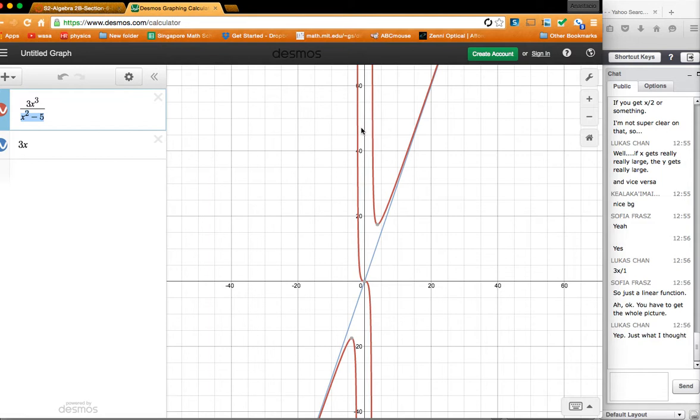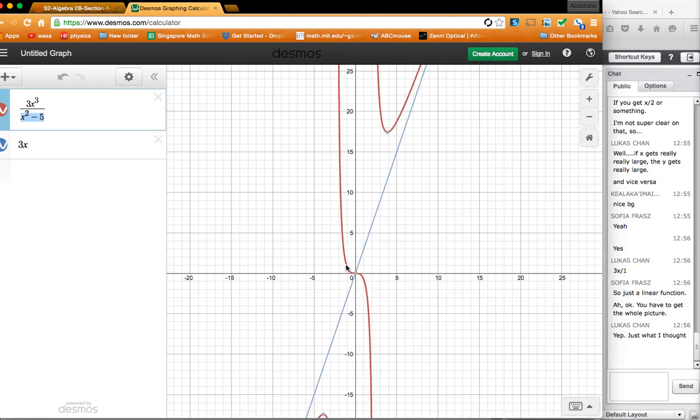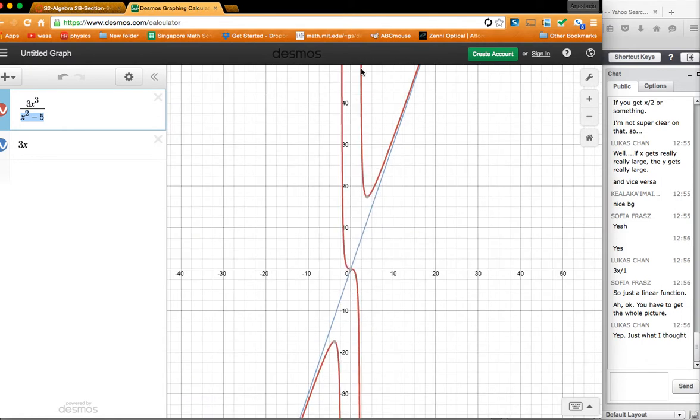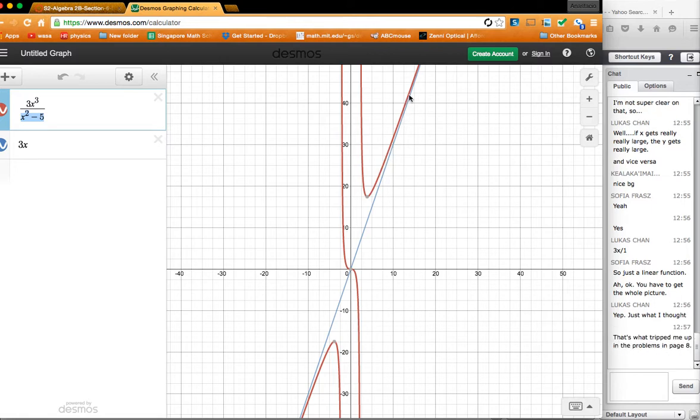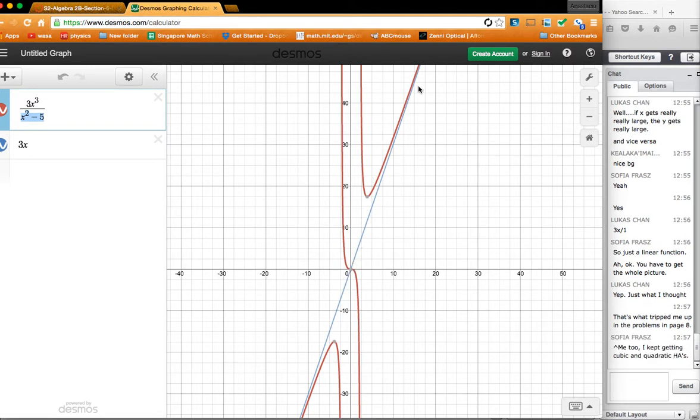The one we saw at the beginning was only the middle part, and then we still have these two branches, and they come up like this. I would definitely agree there is no horizontal asymptote. What actually happens is what we call a slanted asymptote. Does that make sense? This blue line looks kind of like a straight 3x.